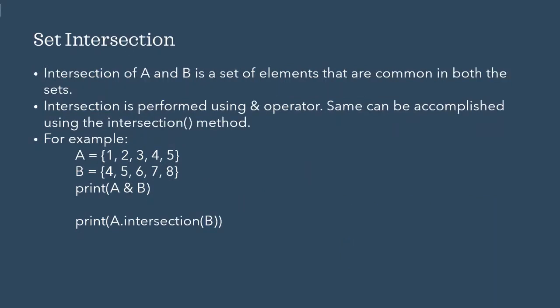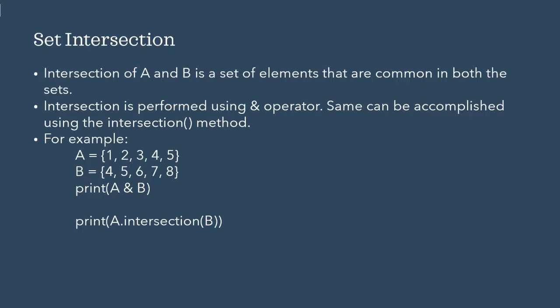Next, you have the set intersection. The intersection returns the common elements of two sets. In Python, the intersection is performed using the AND operator, the ampersand. For the method, the name is the intersection method.